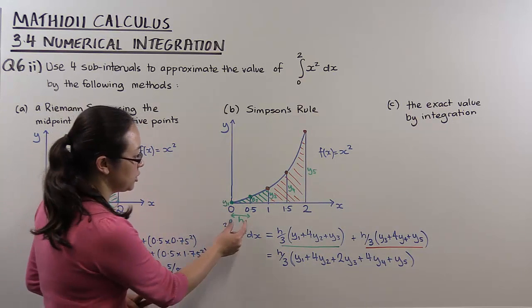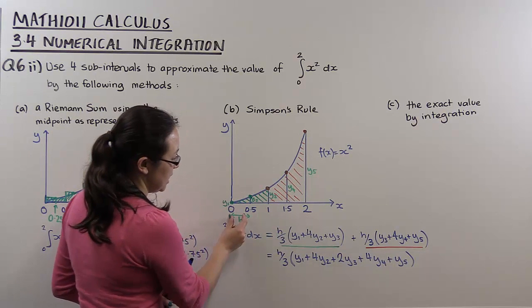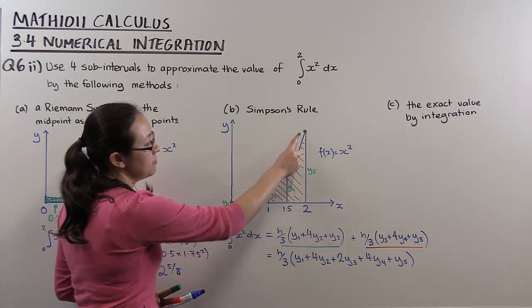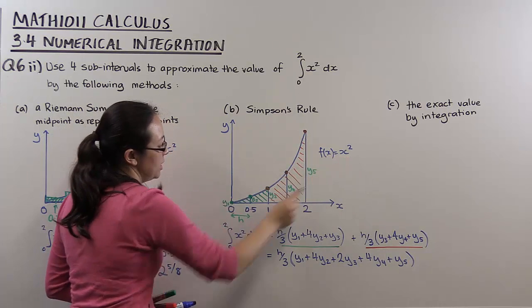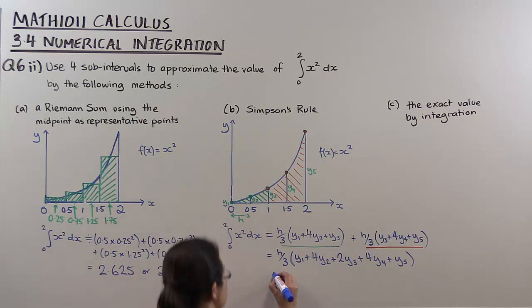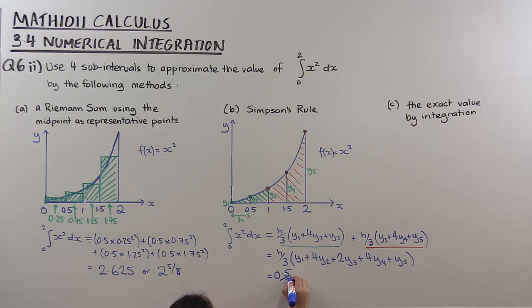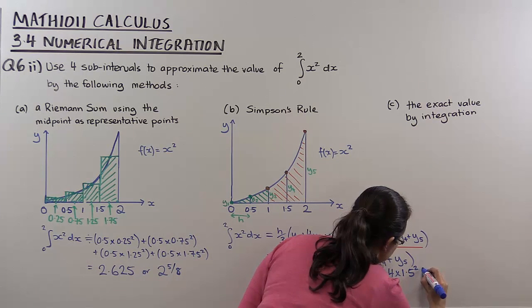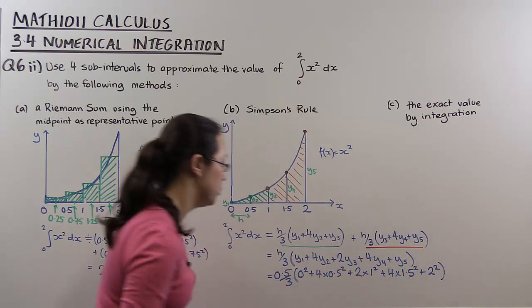So h, remember, is the width of our strips. So in this case, h is 0.5. Each subinterval is 0.5 wide. The y values are going to be the function values. So f of x equals x squared for each of these points, 0, 0.5, 1, 1.5, and 2. So this is going to be 0.5 divided by 3. My first function value is 0 squared, 4 times 0.5 squared for y2, 2 times 1 squared for y3, 4 times 1.5 squared for y4, and a 2 squared for y5.